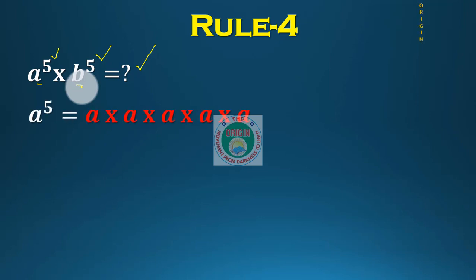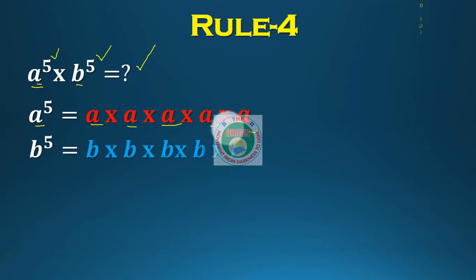Looking at the general model, a power 5 can be written as a multiplied by 5 times. Next b power 5, that is b multiplied by 5 times. Next, what am I going to do?